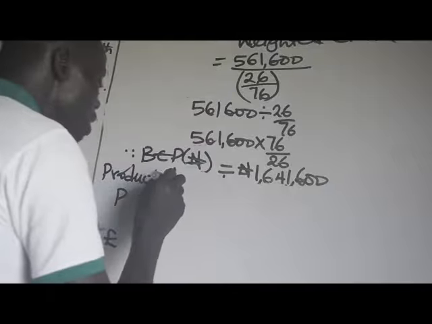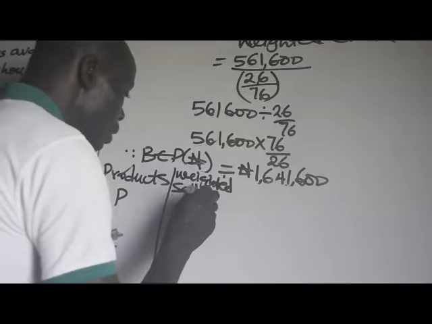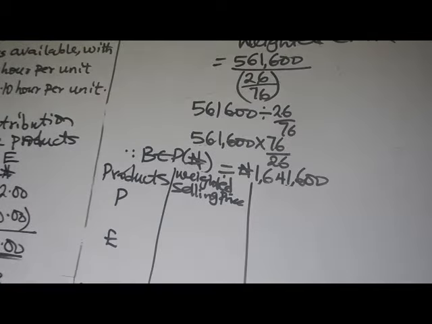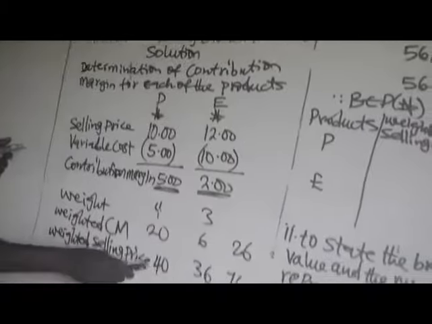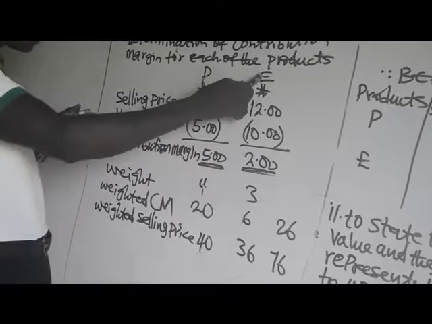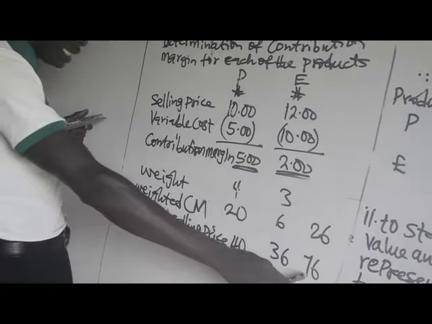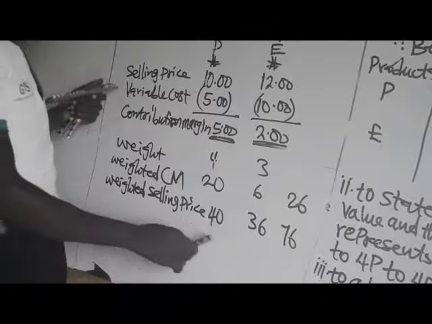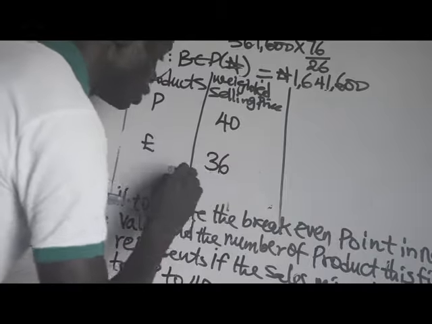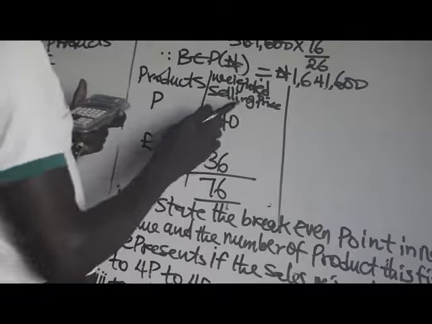Then the weighted selling price for product P is 40, while that of product E is 36, and the total weighted selling price is 76. You apportion the overall BEP Naira using the weighted selling price.